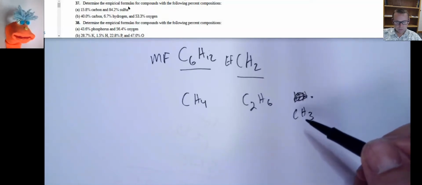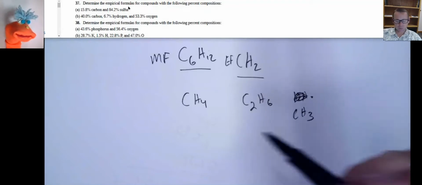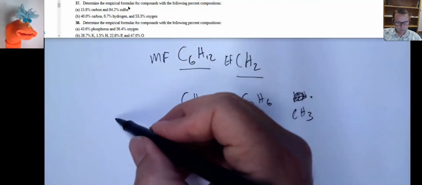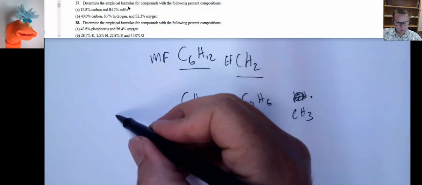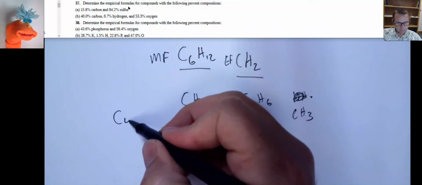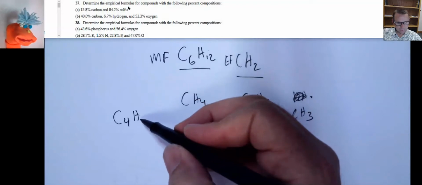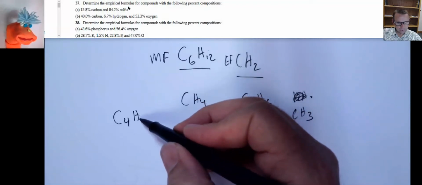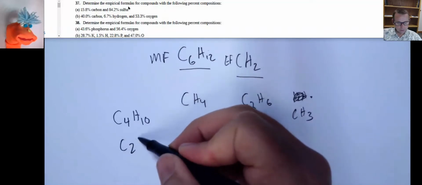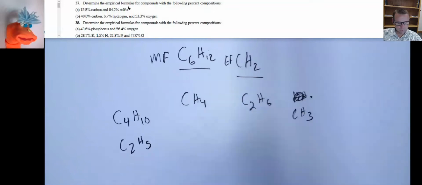Let's see. I'm trying to think of substituents that would, I mean, it's possible, but let's see. So C4H10, C2H5. No, that doesn't happen.